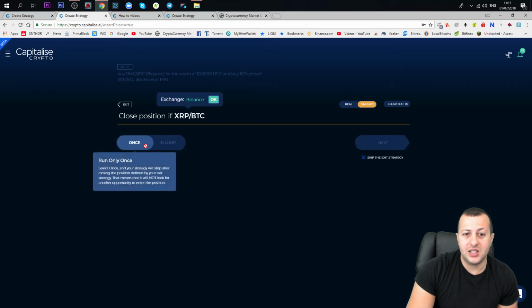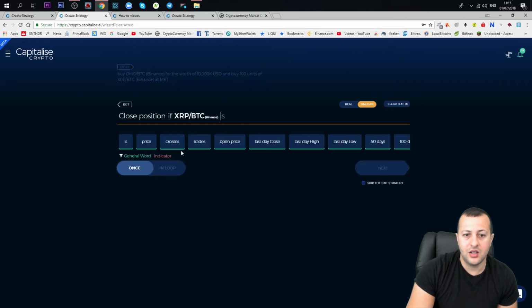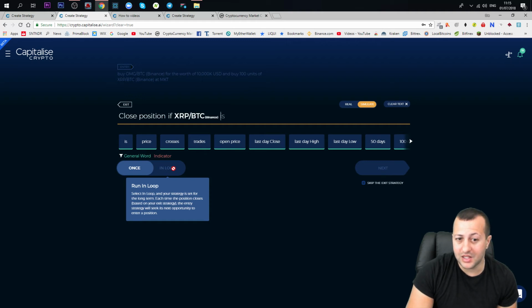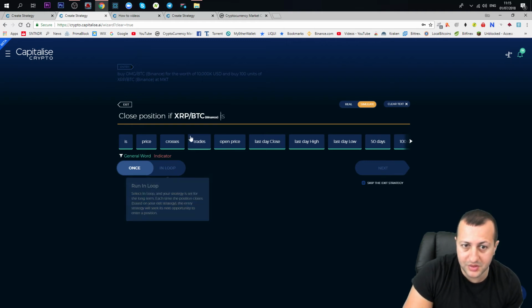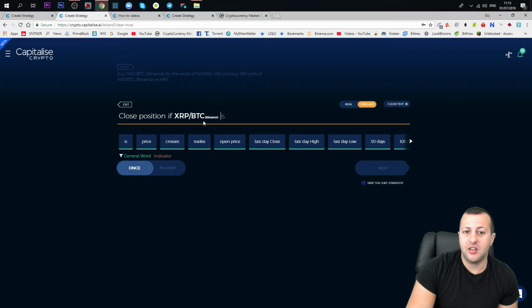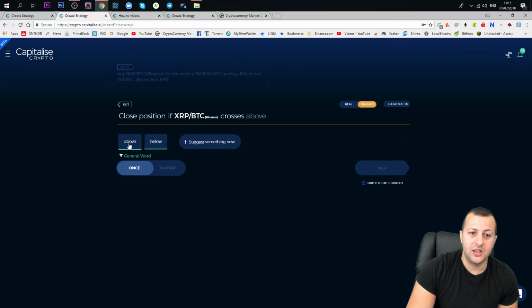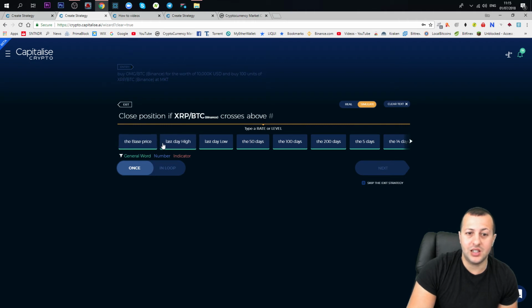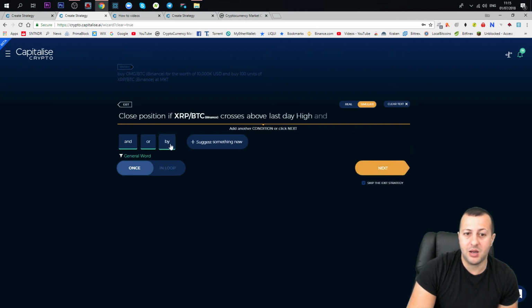XRP BTC, should I run this in a loop? It's saying, looks like in this particular one I can't run it on a loop. Close the position if XRP BTC crosses above the last day high. Yeah, I'm happy with that.